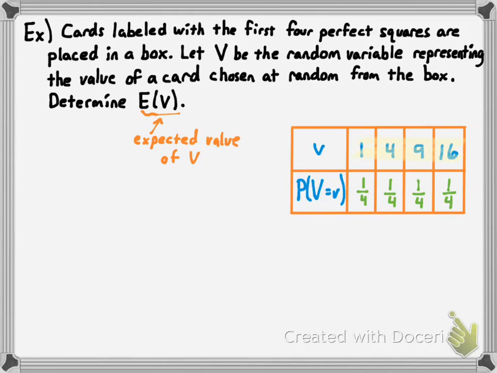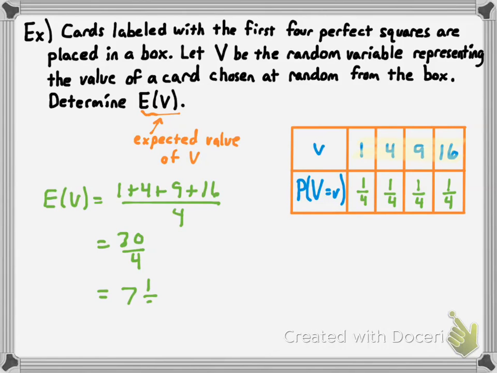We're simply going to say that the expected value of V is equal to (1 + 4 + 9 + 16) / 4, and that's 30/4. Often you'll write expected values as mixed numbers if they come out to be fractional values, and so we would say this is 7 2/4 or 7 1/2.